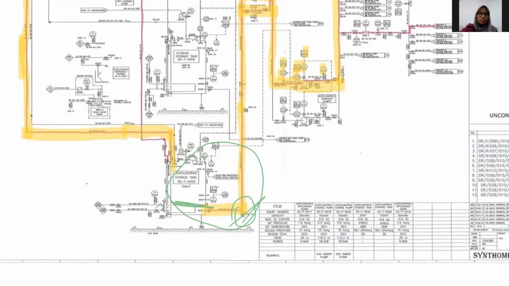Okay, so for the first step, first of all, we have to apply the demin water to nozzle R, which is here. The nozzle R is here.